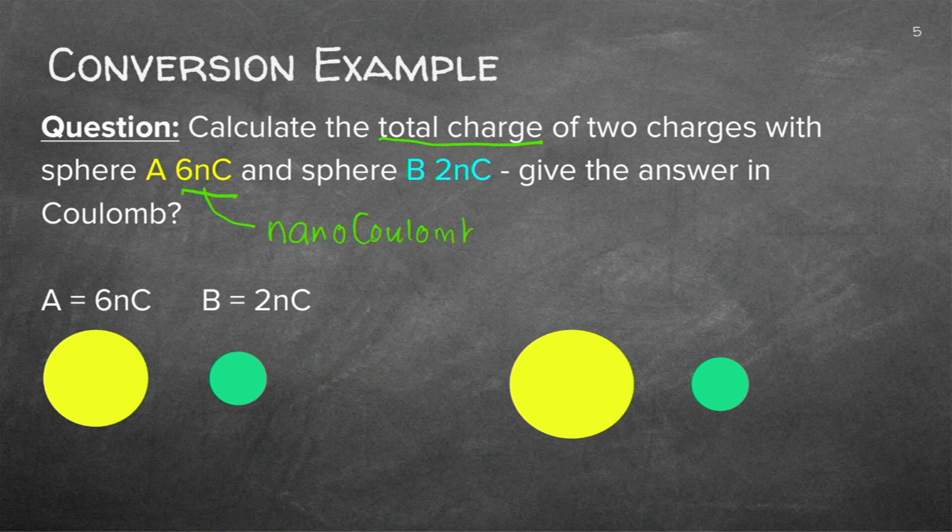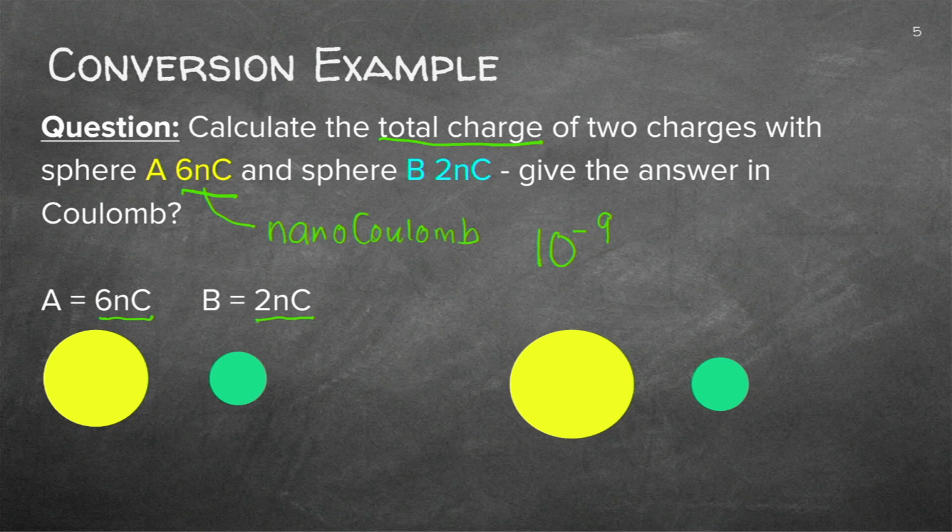And nanocoulomb is very small. And if you recall, a nano is actually 10 to the power of minus 9. So you've got A as 6 nanocoulomb and you've got B as 2 nanocoulomb. And you now have to add them together because they asked you, what will the total charge be?